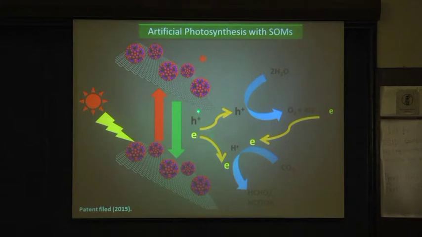Now, when it is in the excited state, it splits basically a photon into a hole and an electron. This hole splits water into oxygen, proton and electron. These protons and electrons are stored, that is what we think, in the cluster, and the electrons are being relayed by the graphene matrix to reduce carbon dioxide into formaldehyde and formic acid.